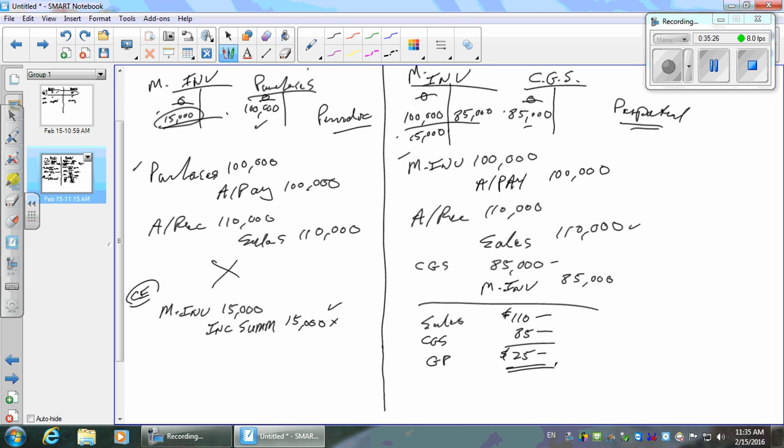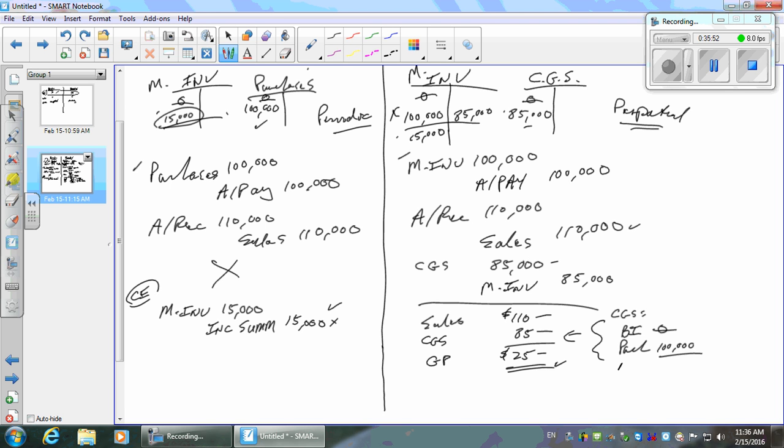So how's it going to work? I got the 25 here. But disclosure is going to require, and they showed you this in the book, that for cost of goods sold I show what it's composed of. Beginning inventory, which in this case is 0 because it's our first year, but it'd be whatever the beginning was, plus your purchases. The purchases that came in here were 100. We know they're 100, don't we? So plus 100.